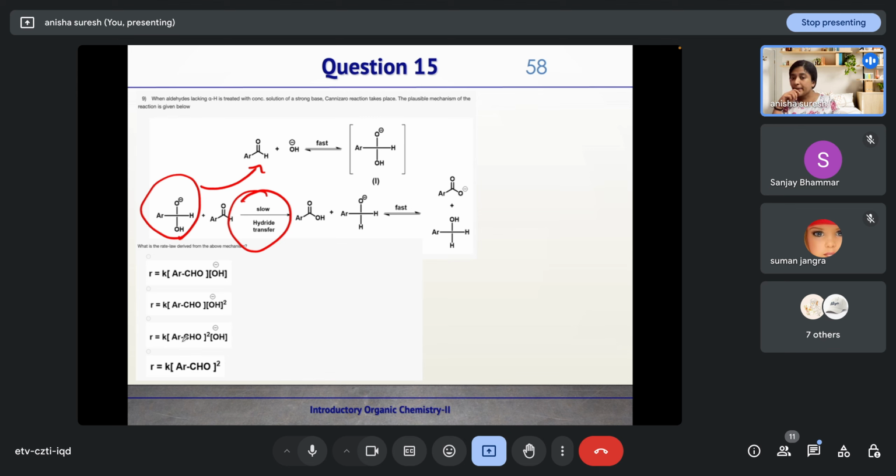So here it will be ArCHO to the power 2 into concentration of OH minus to the power 1. So option C will be the right answer. Is it clear how it is coming? Yes, ma'am. So the intermediate we are considering, the reactants that are leading to the intermediate.